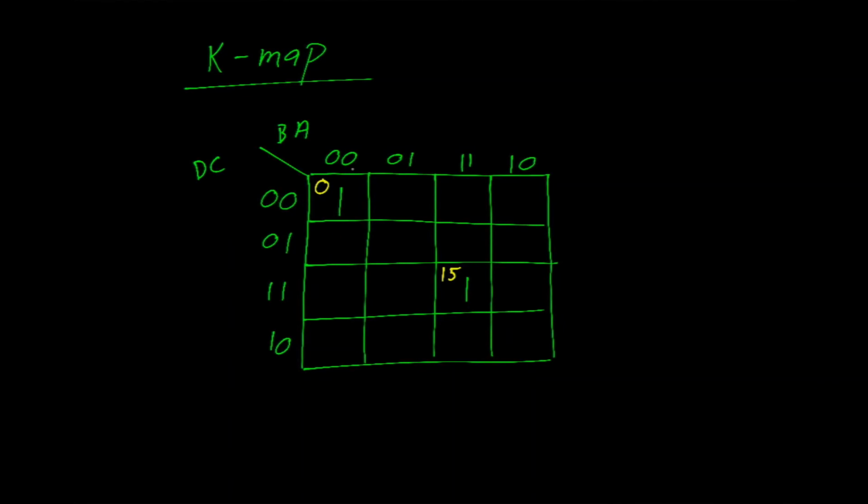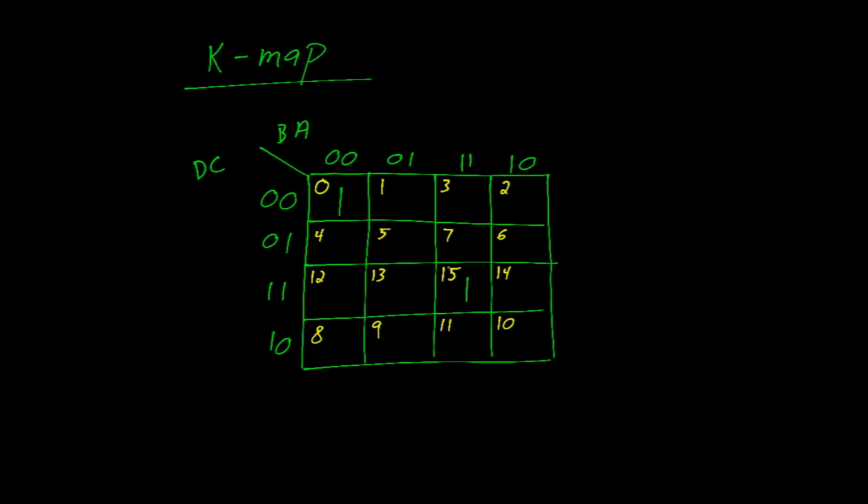Now, as far as the rest of the minterms are concerned, it goes 0, 1, 2, 3, because you can see that's number 3, and that's the number 2, 4, 5, 6, 7, where C is 1, B is 1, A is 1, so that's where our 7 comes from. 8, 9, 10, 11, 12, 13, 14, and finally 15.